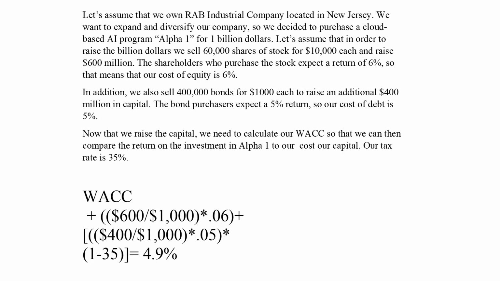So we're thinking of going into the cloud and purchasing an AI program called Alpha One. Now, the cost of this company is $1 billion. Let's assume that in order to raise the $1 billion, we need to sell stock and we need to raise debt, and we're probably going to issue bonds.